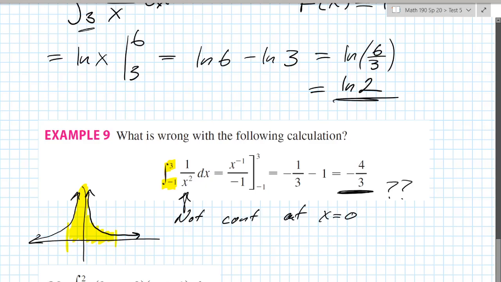So at this point, this definite integral cannot be defined or cannot be evaluated. So this one, the integral does not exist.